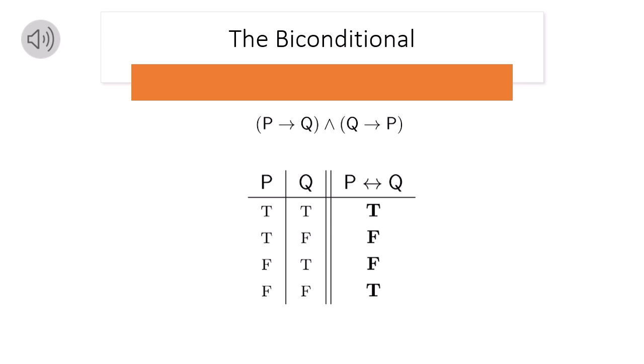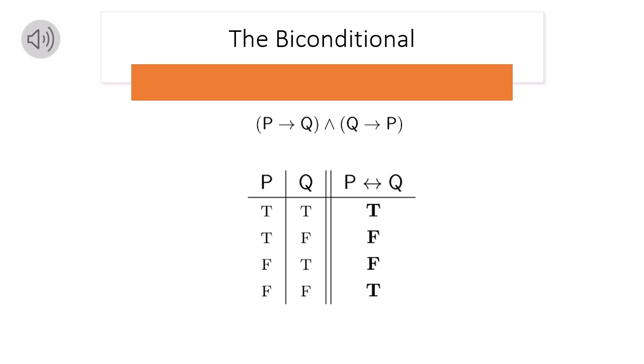It'll also be convenient for us to introduce the biconditional. And the biconditional will use the double arrow for our symbol. It is a binary truth functional connective. And the semantics are given by the table at the bottom. It gets marked with a T, provided that P and Q have the same truth value.